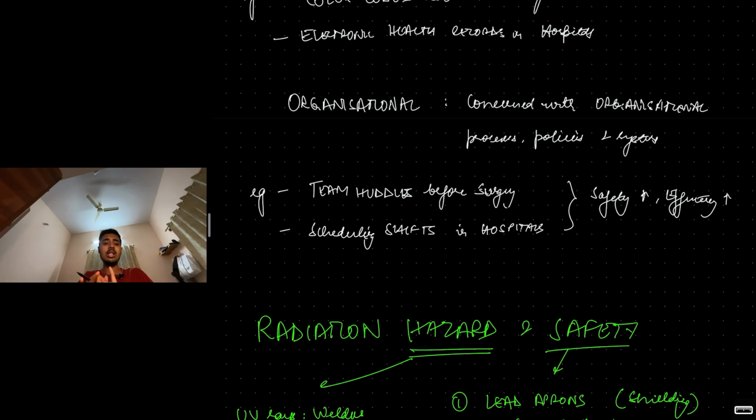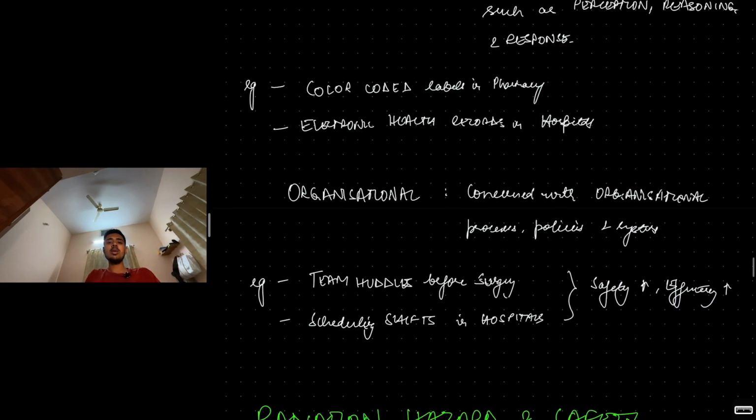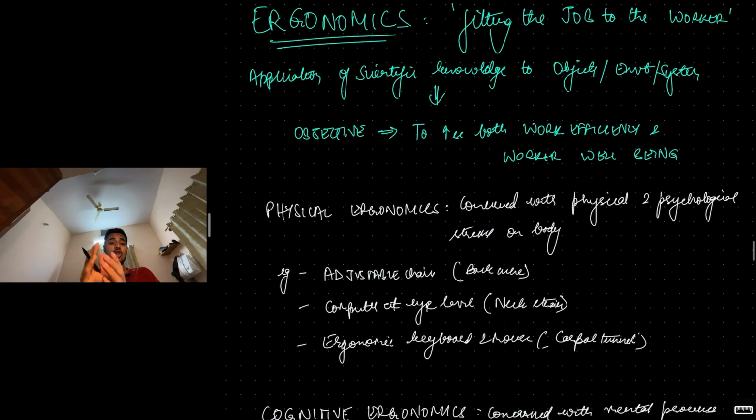Another example is scheduling shifts in hospital. You can't have one doctor working for 40 hours, 50 hours. It will lead to fatigue. It will compromise patient safety. It will decrease efficiency. So by scheduling proper, regular shifts, you can improve the safety for the patients as well as improve the hospital efficiency. This is about ergonomics. Ergonomics, fitting the job to the worker.